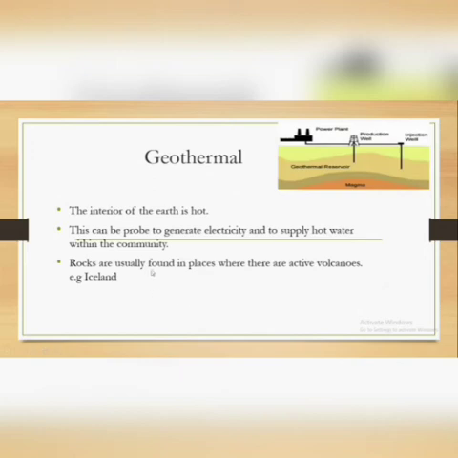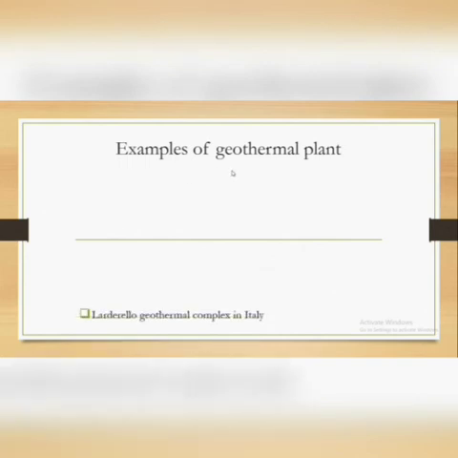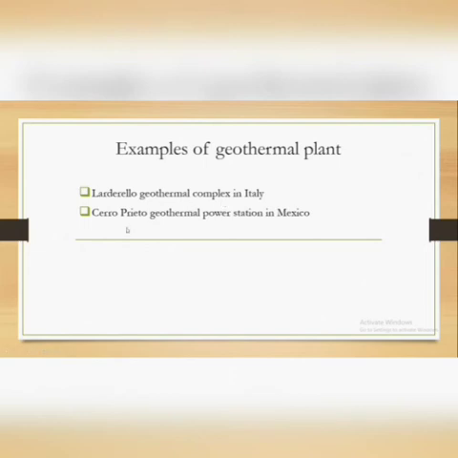Such rocks are usually found in places where there are active volcanoes, e.g. Iceland. We have examples of geothermal plants: the Larderello geothermal complex in Italy, the Cerro Prieto geothermal power station in Mexico, and the Makban geothermal complex in the Philippines.